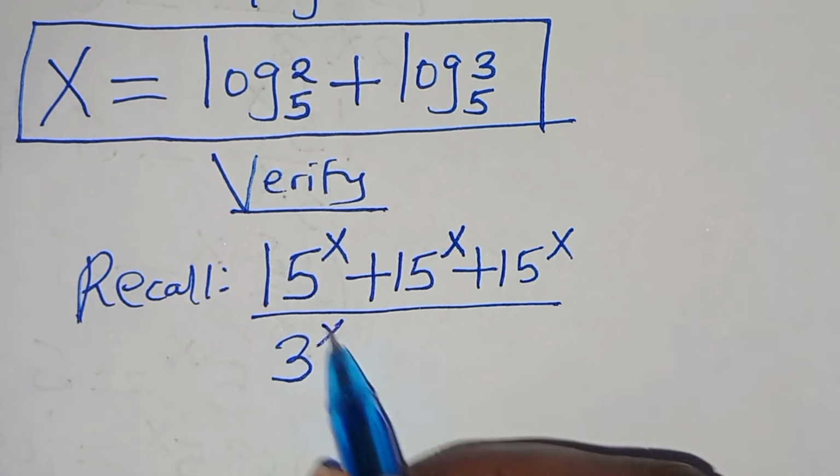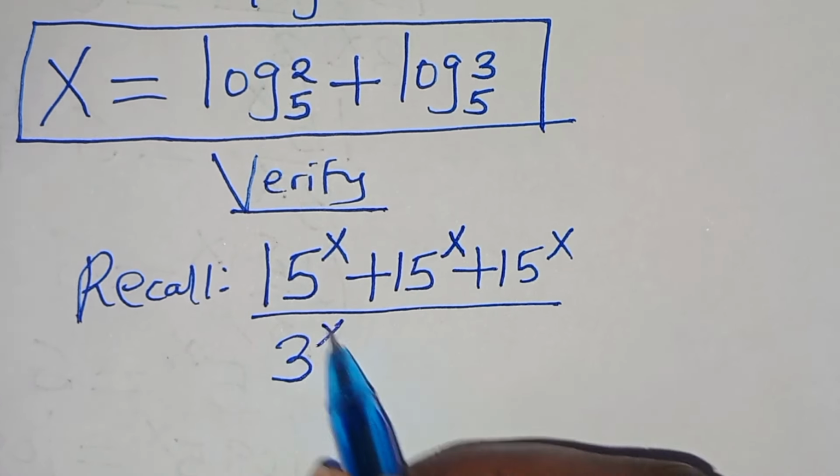Since 15 to the power of x is common here, we factor out 15 to the power of x, so that we have 1 plus 1 plus 1. Then in the denominator, 3 to the power of x is common, so we factor out 3 to the power of x, and in the parentheses we have 1 plus 1 plus 1.